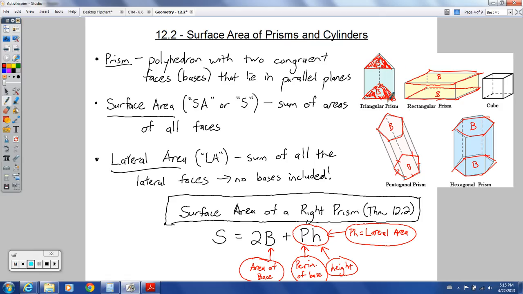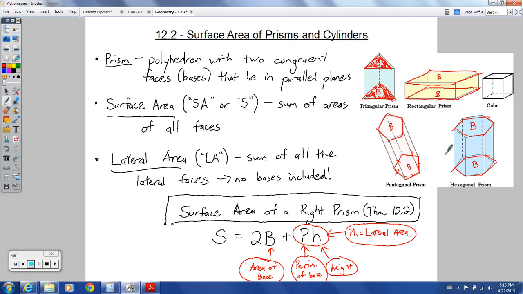The base of this rectangle times the height of that rectangle. You could do the base of this one times the height of that rectangle. You could do all those separately, but doing perimeter, which would be all the way around, times the height does all 3 of them all at once. If you did the perimeter of a pentagon, it does all 5 of these rectangles all at once. If you did the perimeter of a hexagon, it would do all 6 of the rectangles that would be made, all at once.